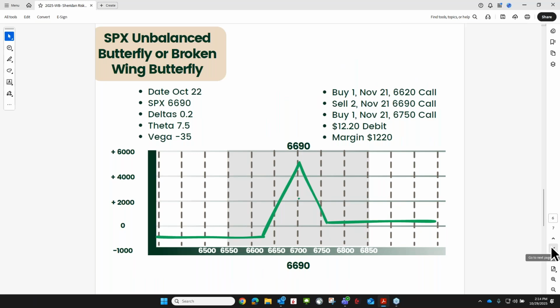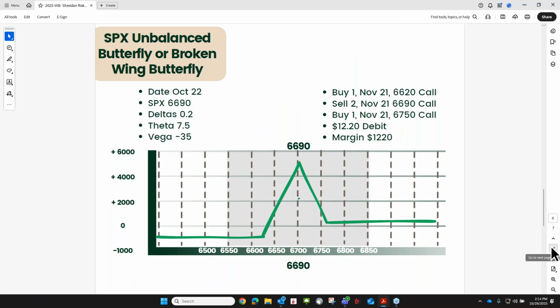In effect, it reduces my upside risk, increases my downside a little bit, but my capital requirement goes to about $1,220, the debit. In the call butterflies that I've mentioned today, both of them, your risk is your debit, right? And you can see the Greeks along the left-hand side, theta, 7.5 per day, but that number will increase as we go towards expiration. And you have a vega of minus 35.